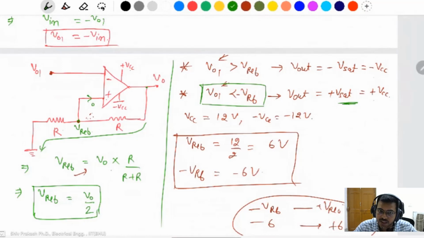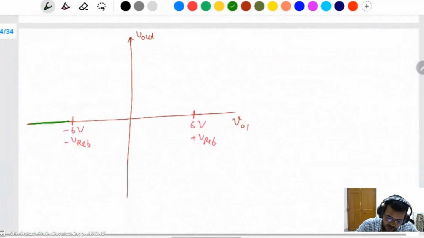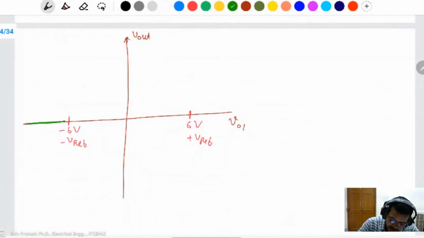It is plus VCC that comes from the output. This is the plus VCC. It means that VCC is 12 volt, minus of 12 volt. This is the same. This is the VCC, this is the minus VCC.